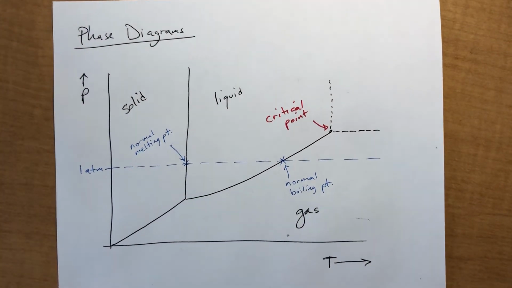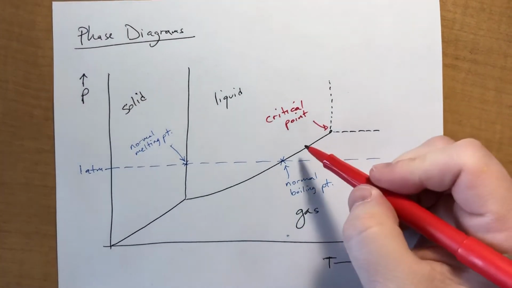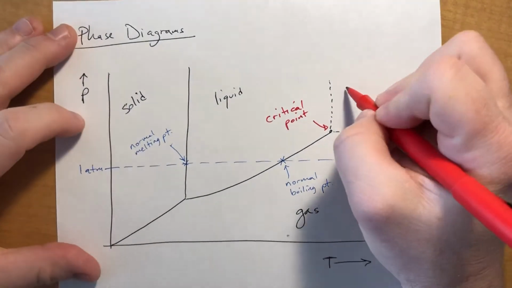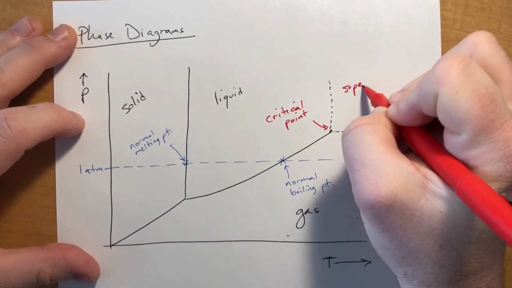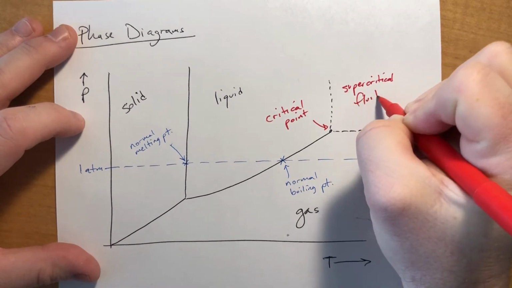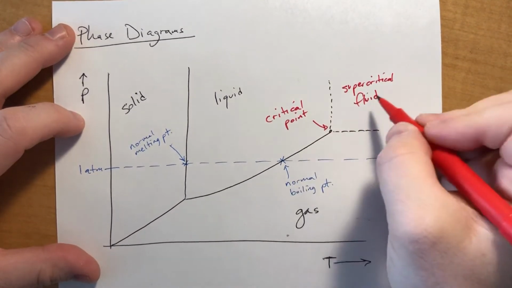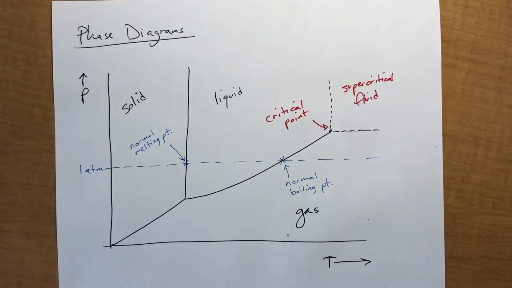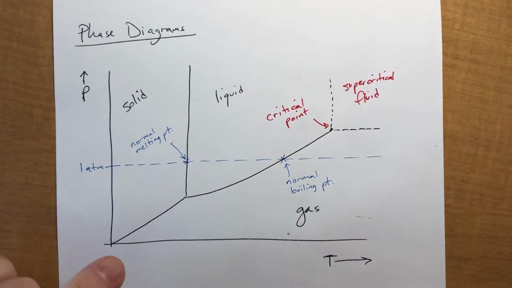The idea is if you keep heating it and keep increasing the pressure, you end up with supercritical fluids, where it doesn't really exist as a liquid or a gas anymore. It's somewhere in between. Okay, so we've kind of talked about that.